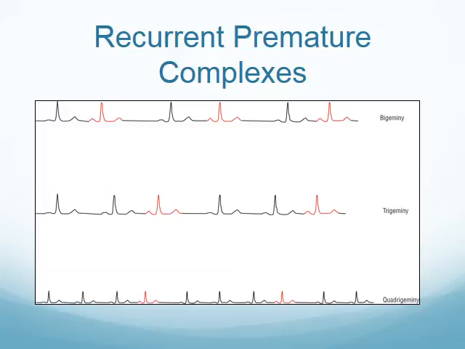So in our top example, this would be bigeminal premature complexes. After every regular beat, we have a premature beat. The second one down would be trigeminal. Every third beat is premature, and then quadrigeminal is the third one down, where every fourth beat is premature.